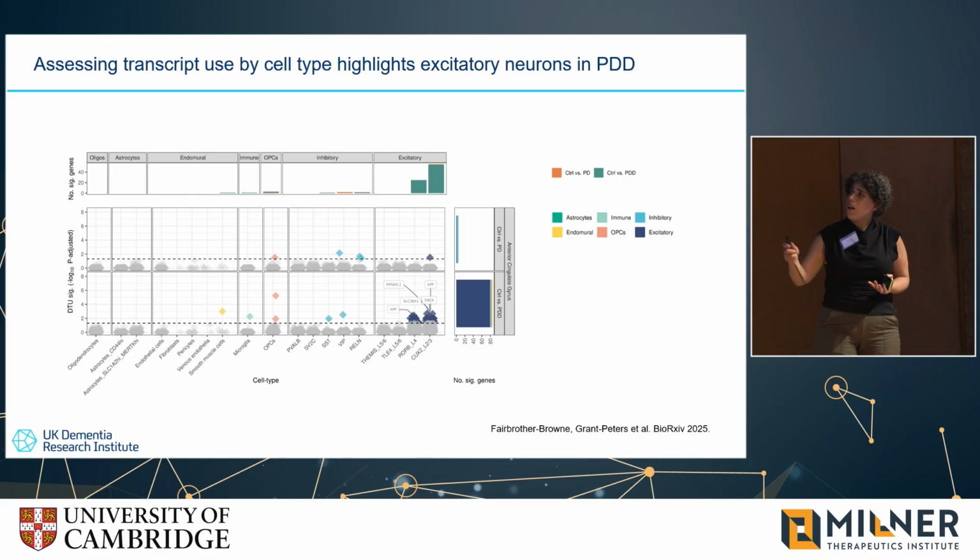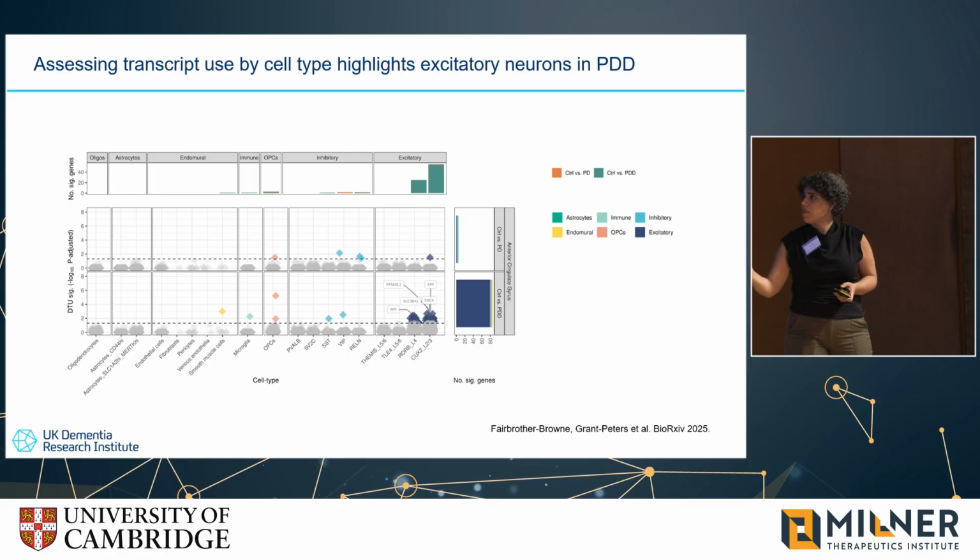What we're asking is how many genes have changes in transcript use, and clocking that up on that top row, which has columns for excitatory neurons only, really, and only when you're comparing control to Parkinson's disease with dementia. I don't think you can see these labels, but which genes are changing transcript use?